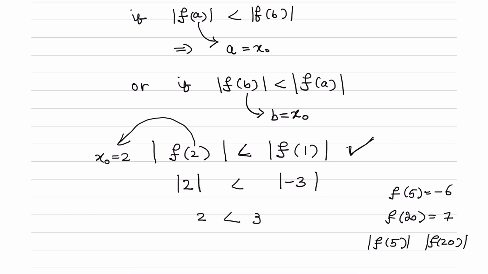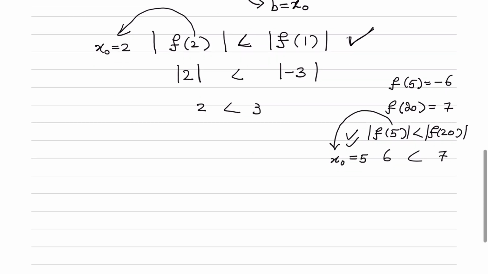F of 5 absolute is 6 and f of 20 absolute is 7. We know that 6 is less than 7. So here we will replicate the same inequality. Since f of 5 absolute is less than f of 20 absolute, we will call x naught as 5.